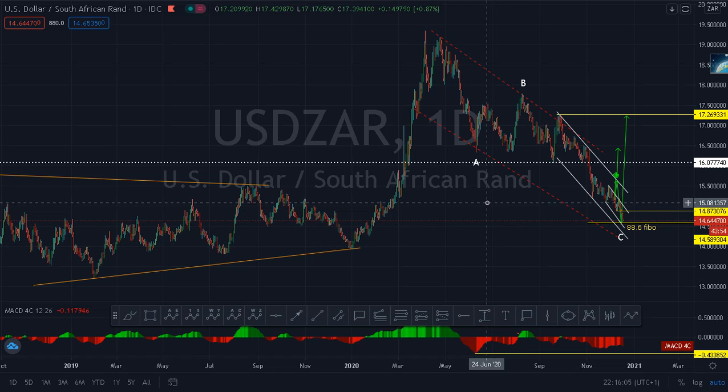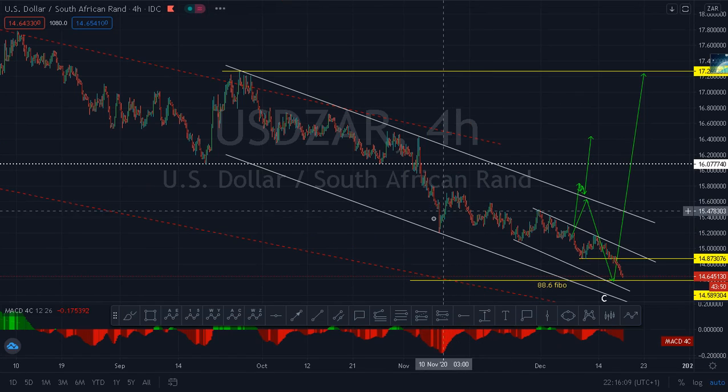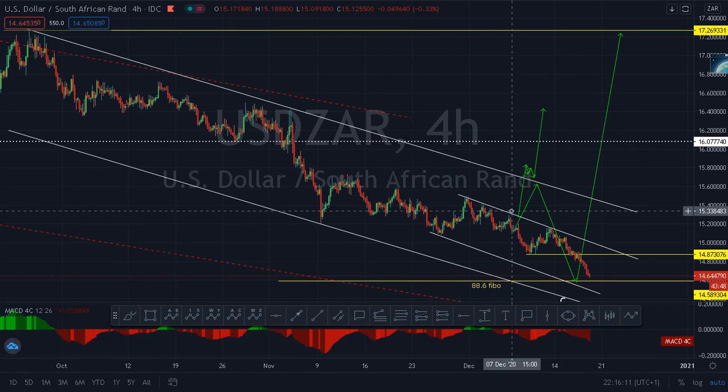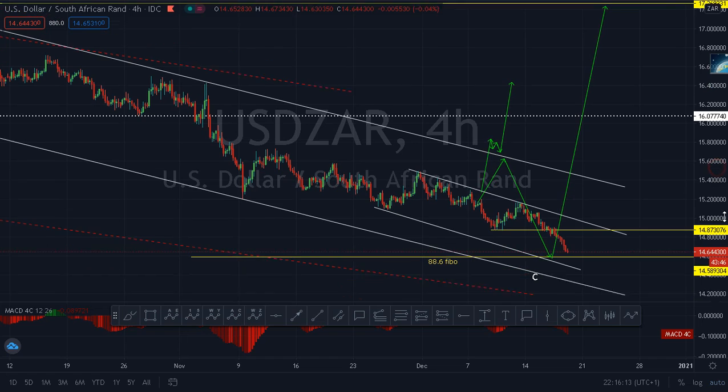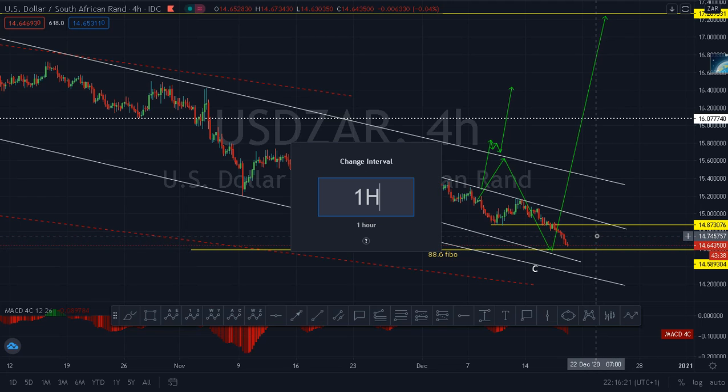Okay, so on 4 hours, do we have anything new? Nothing new on 4 hours. The price is moving gradually, coming down. So we will wait for a breakout. Let's go to 1 hour to see.